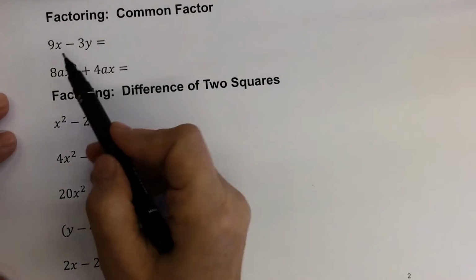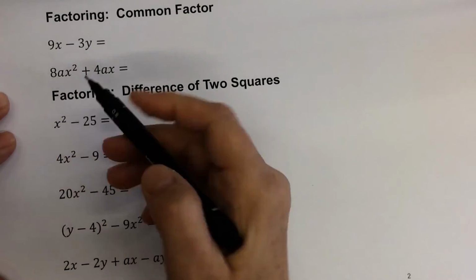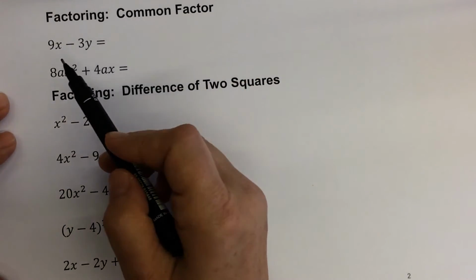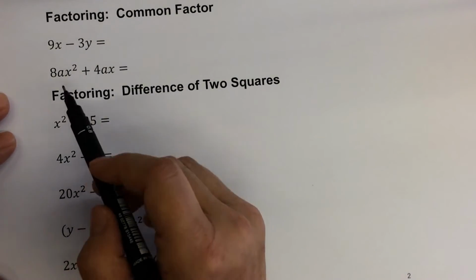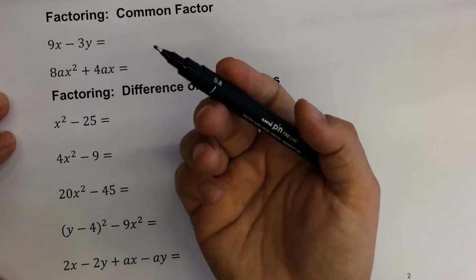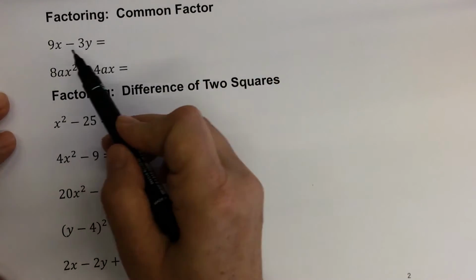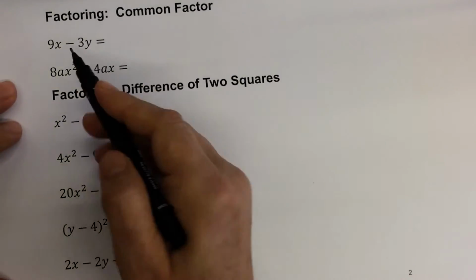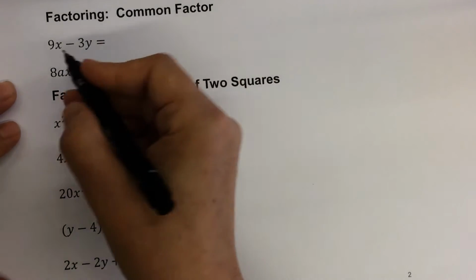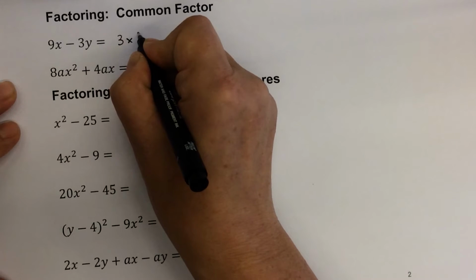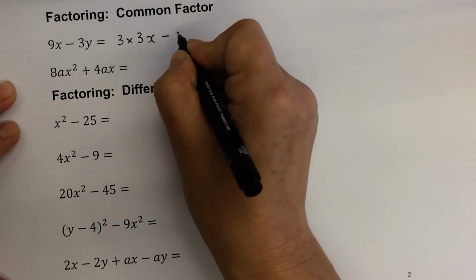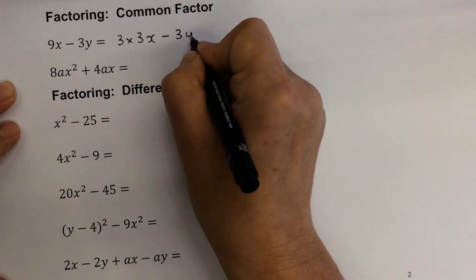Basically, your aim is to present your expression as a product of some factors. So you look to see if there is a common factor in all terms of the given expression. For example, here we can present 9x - 3y as 3 times (3x - y).